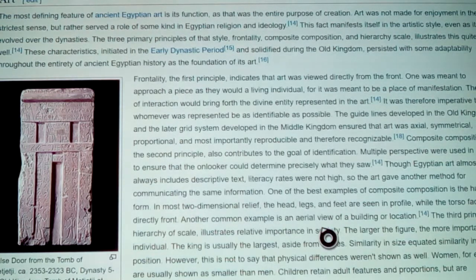The guidelines developed in the Old Kingdom, and the later grid system developed in the Middle Kingdom, which is based on sacred geometry, ensured that art was axial, symmetrical, proportional, and most importantly, reproducible and therefore recognizable in form.